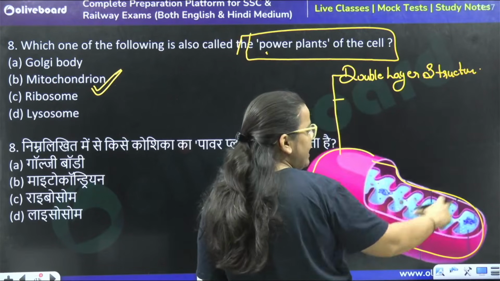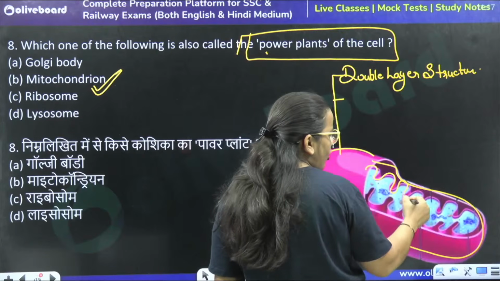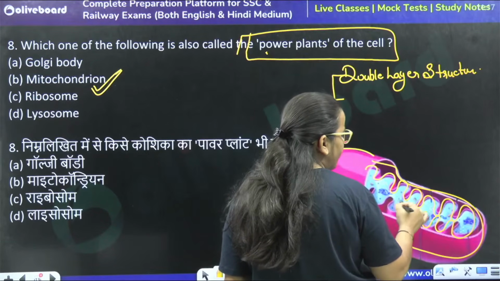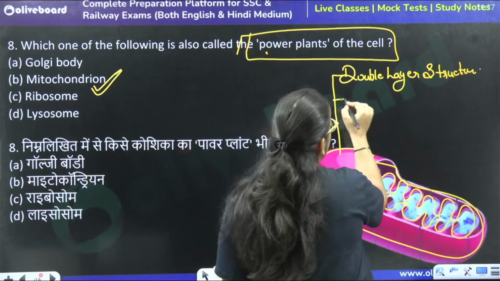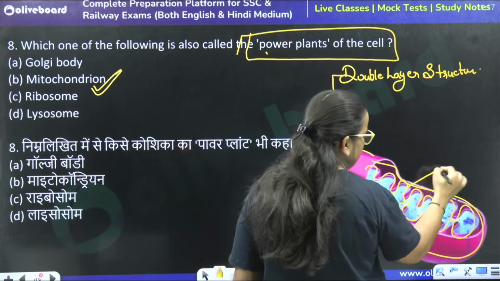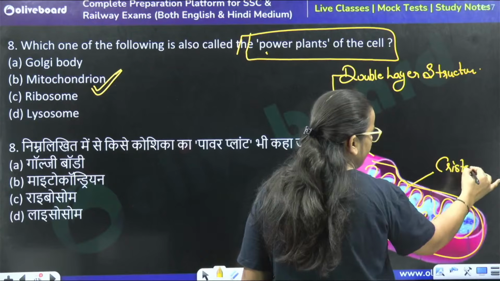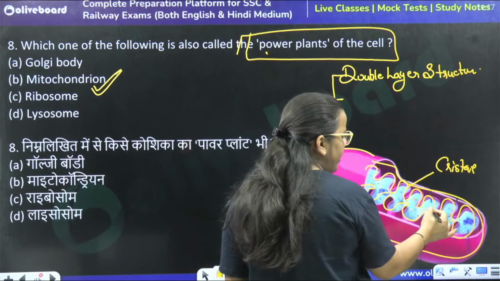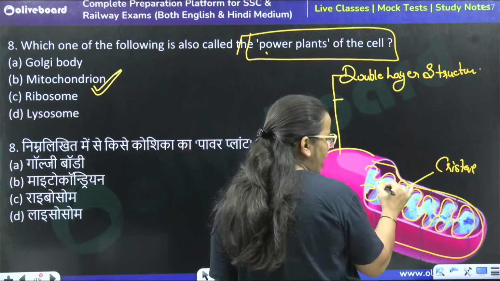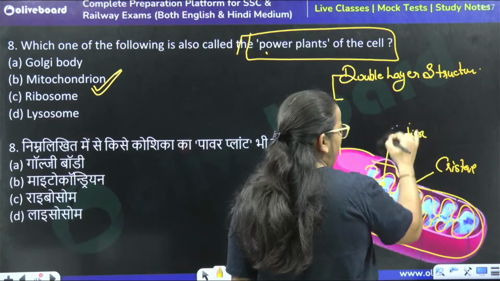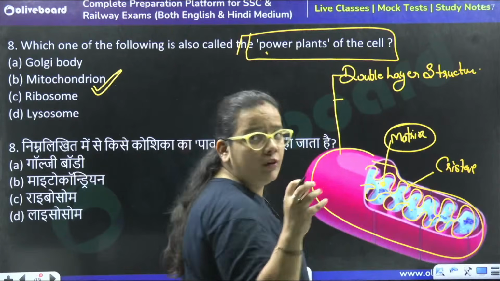Now the inner layer forms finger-like projections, and these finger-like projections are termed cristae. Now mitochondria is completely filled with a liquid substance, that blue color substance, termed as matrix. Actually this is the fluid part of mitochondria.